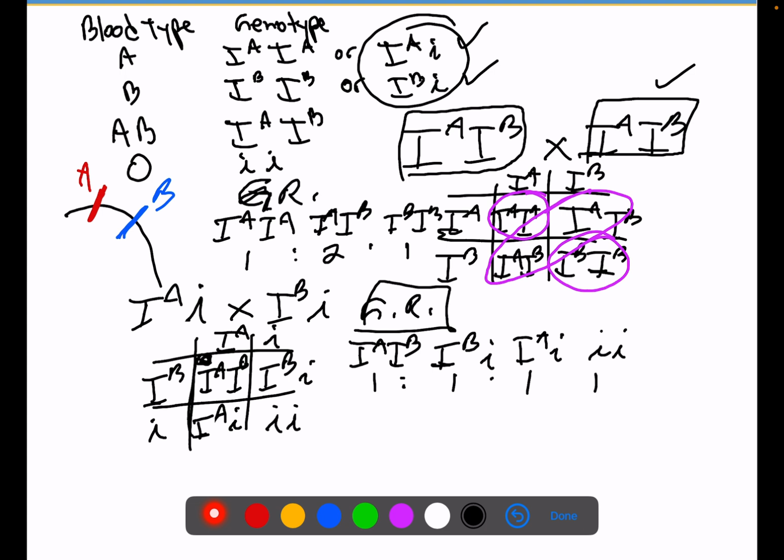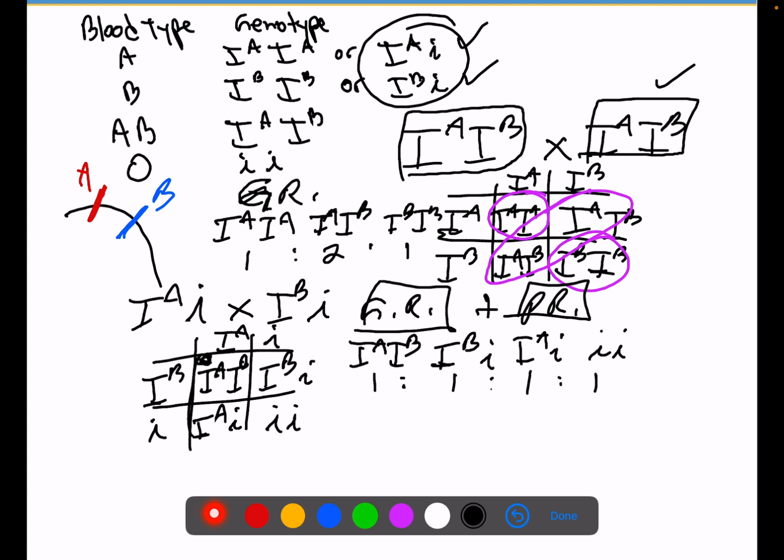Okay, that's a 1 to 1 to 1 to 1. They're all different blood types, and they all have different genotypes. So the genotype and the phenotype ratio are the same, 1 to 1 to 1 to 1.